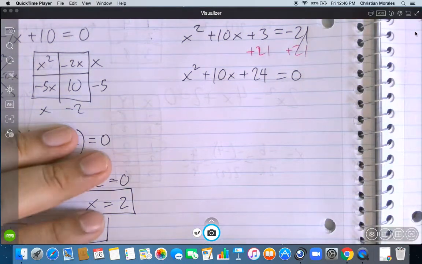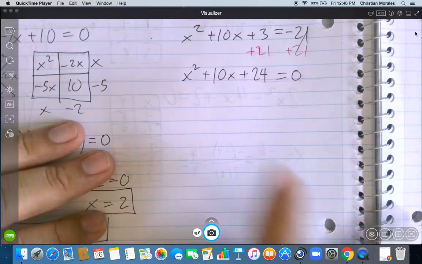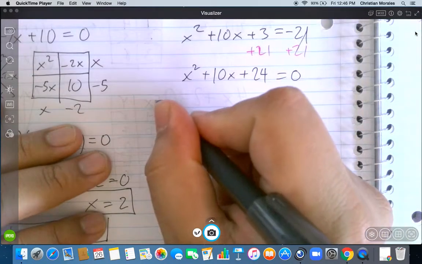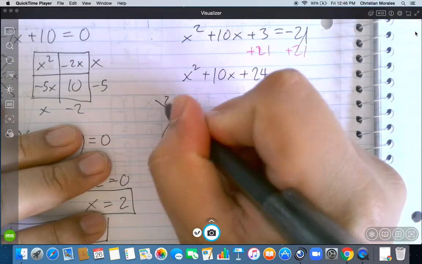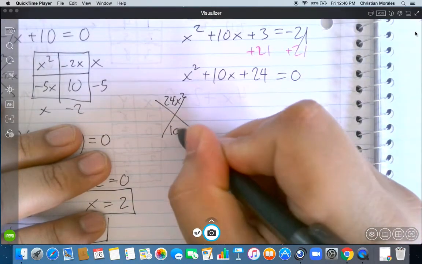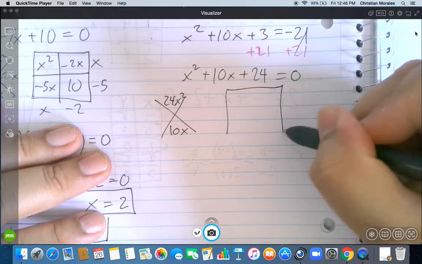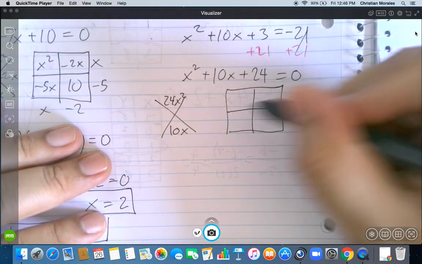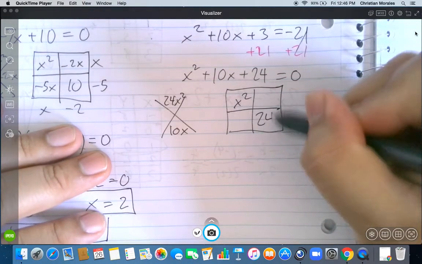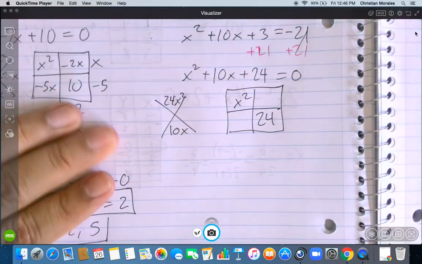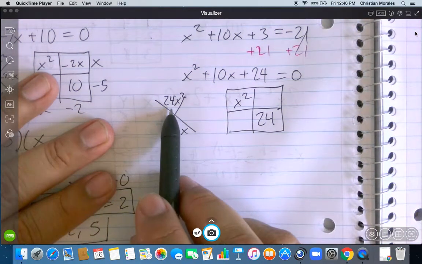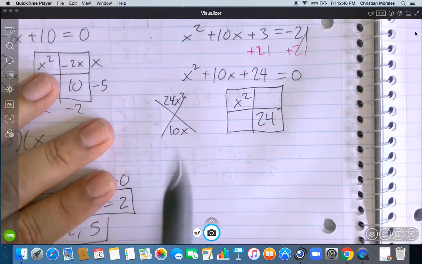All right, so now this is going to go in Xbox. 24x squared, 10x, x squared, and 24. Okay, so we need two numbers that multiply to make 24x squared, but add up to 10x.